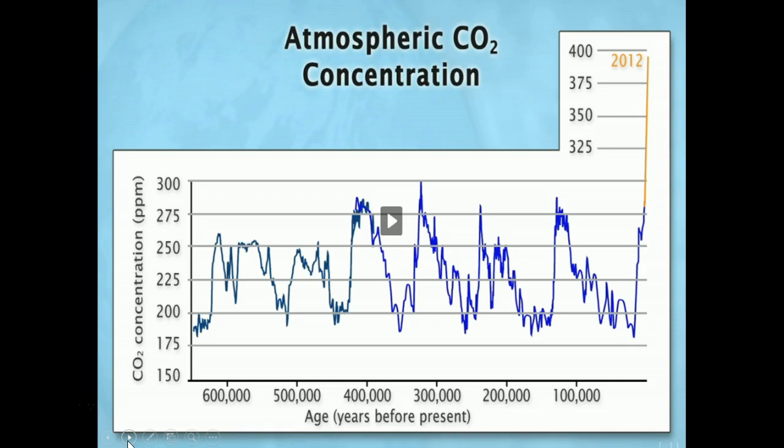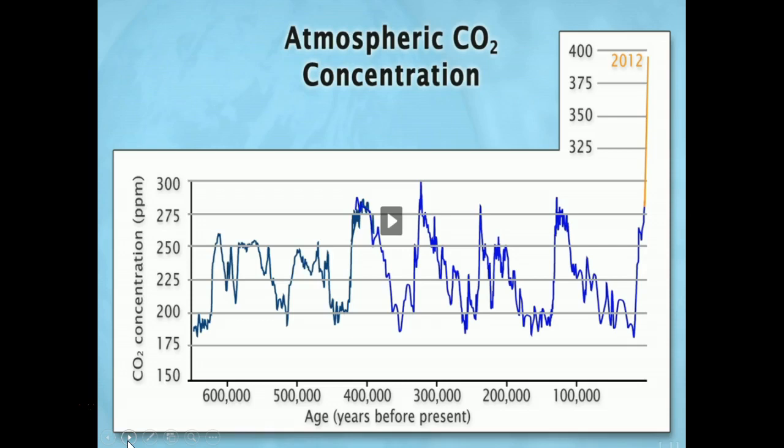But as you can see, the reason we call that the hockey stick is look at the end of it, there in yellow. You'll notice that within just a couple of hundred years, the CO2 levels have skyrocketed. That's pretty amazing. Look at that skyrocketing there.